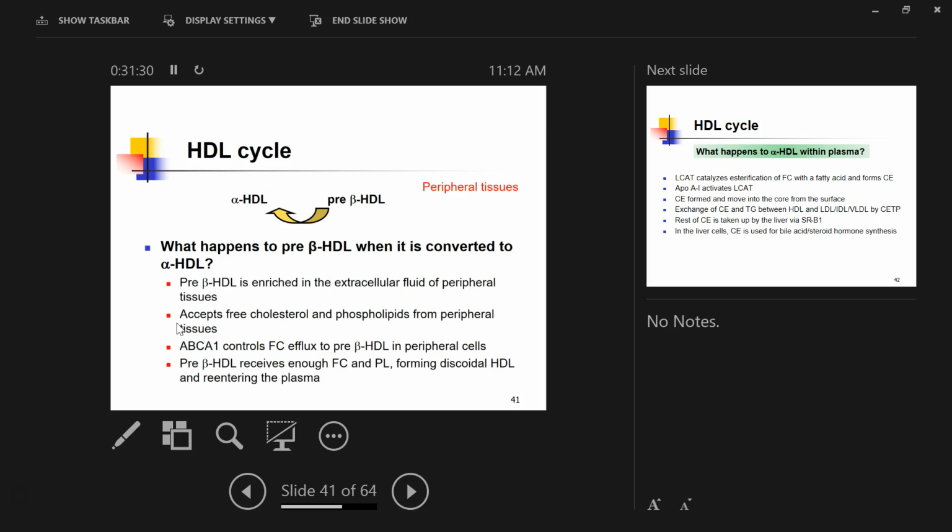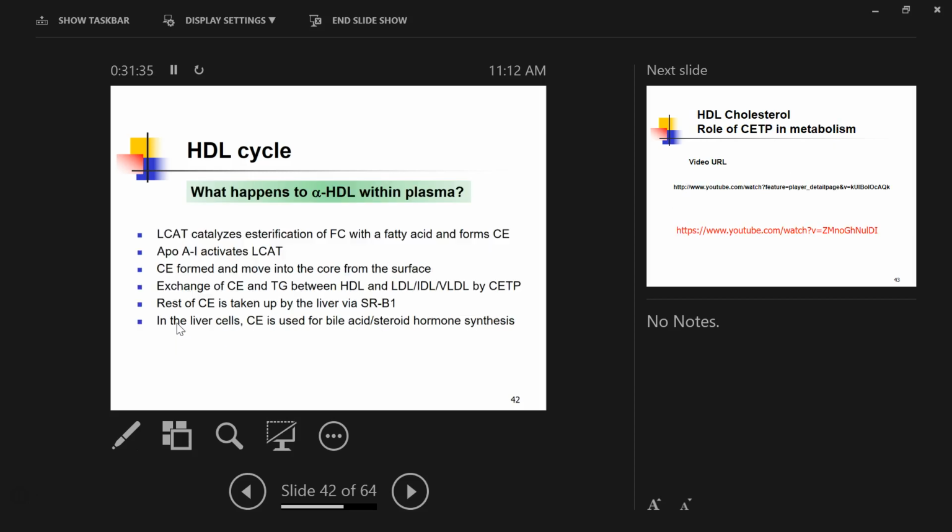Okay, any questions? All right. There are two things I just talked about that happen within the plasma during the conversion from beta HDL to alpha HDL. One, again, is the esterification of free cholesterol to cholesterol esters by LCAT.